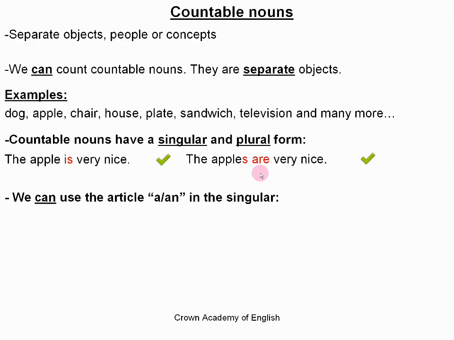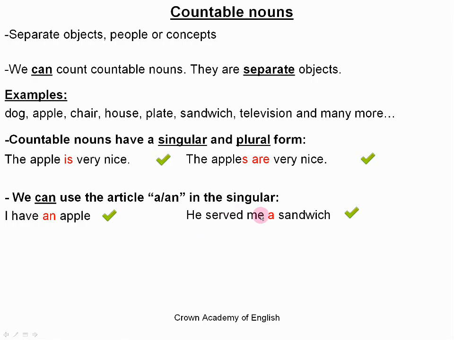And with countable nouns, we can use the article a or an when we use the singular. I have an apple. So we are talking about one apple. It is singular. And so we can use the word an. And we say an with an N because the noun starts with a vowel.